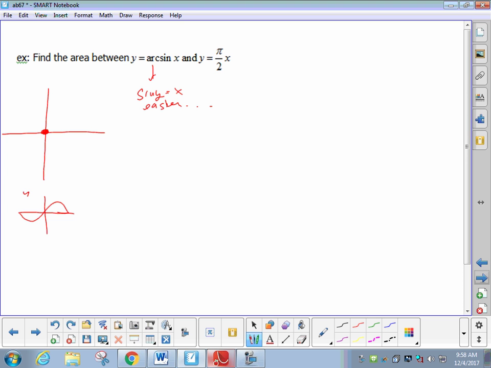On normal sine, the waves go horizontally, and this next good point is pi over 2, 1. So on the inverse, that point becomes 1, pi over 2. And on this side of the origin, this point that is normally negative pi over 2, negative 1, when inverted becomes negative 1, negative pi over 2.